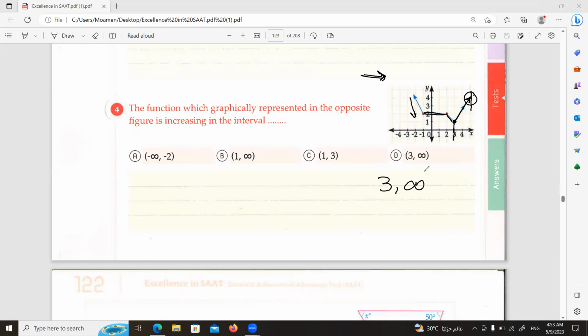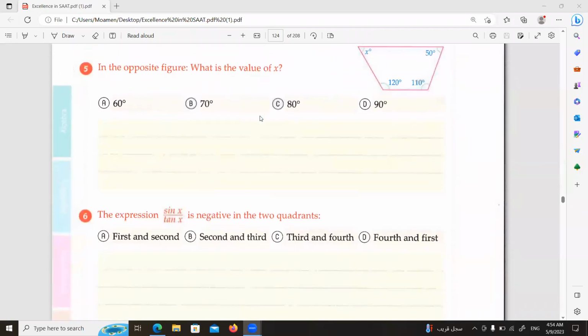It means infinity. Infinity is always open, and also 3 is open. So the result will be letter D. Again, he is looking for the interval of increasing. The function starts to increase from 3 until infinity.